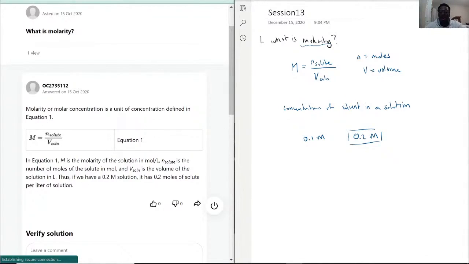But if I wanted to be tricky here and I said 0.3 n of solute over 0.5 liters, okay, versus 0.4 n over 1.0 liters.